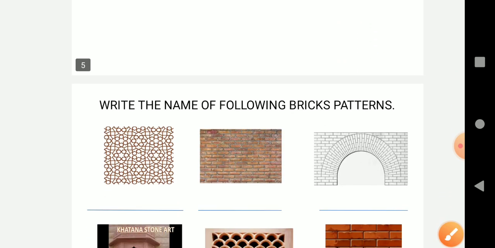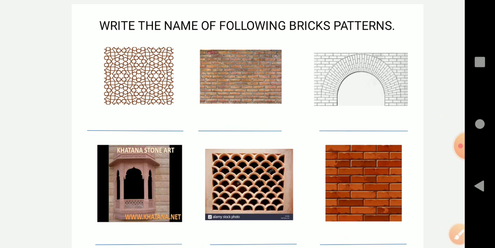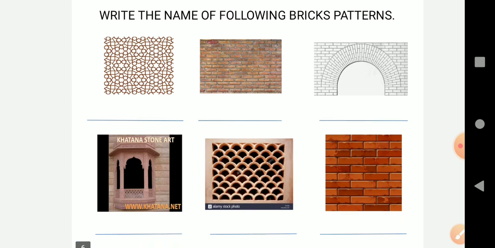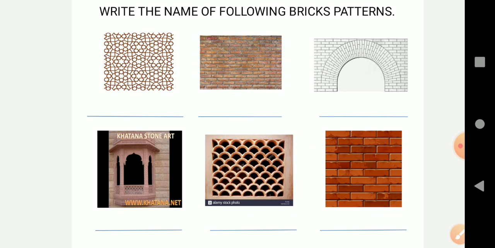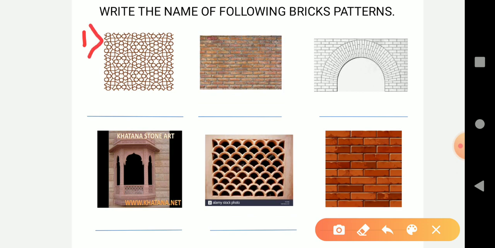Okay, now next slide has some pictures, some patterns. Okay, so write the name of the following brick patterns. Now my first pattern is this. Which pattern is this? Yes, it looks like a jali. Yes, very good. So it is jali pattern.